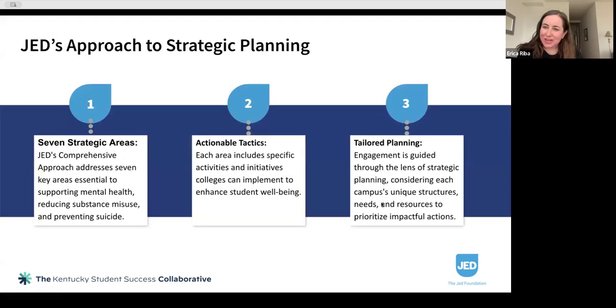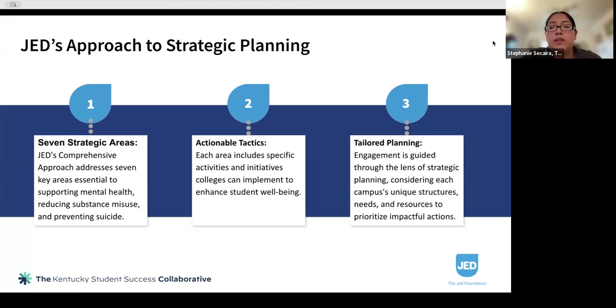And Stephanie, I will kick it over to you. Thank you, Erica. So I'm going to be providing a quick overview of JED's approach to strategic planning. Like we've discussed before, JED spotlights 7 strategic areas known as the comprehensive approach, which addresses key areas essential to supporting mental health, reducing substance misuse, and preventing suicide.